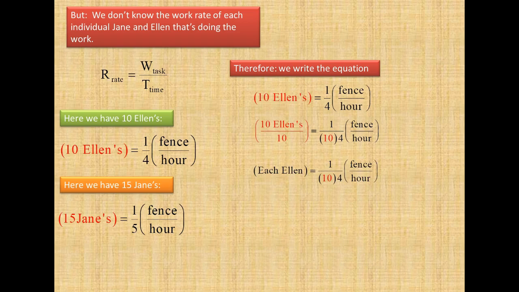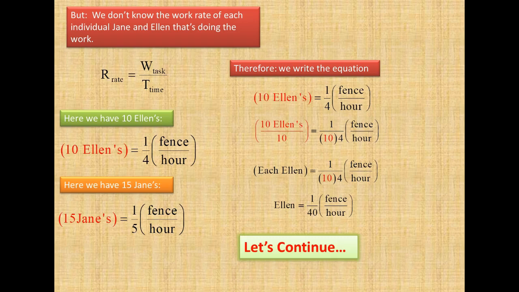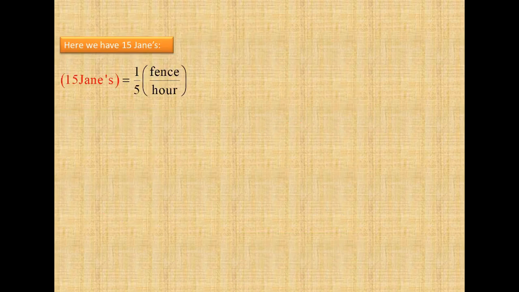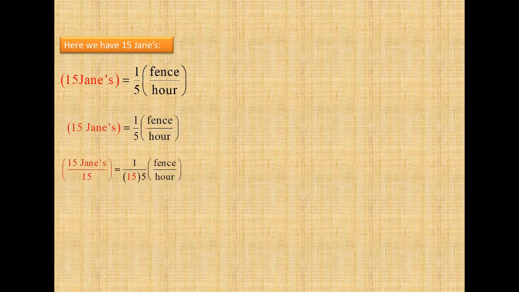So each Ellen can paint 1/40th of the fence per hour. That's the individual work rate of each Ellen. Let's continue. And here we have 15 Janes, and we divide through by 15 on each side of the equation. And now each Jane can paint 1/75th of the fence per hour.